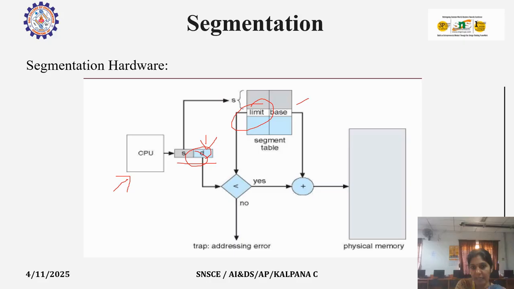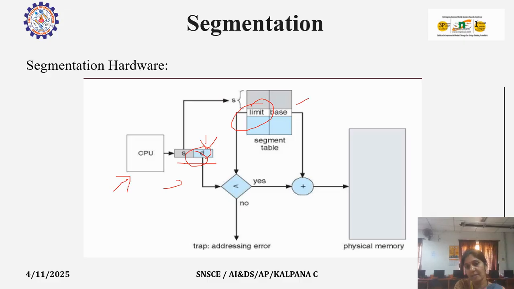For example, let's say the limit is 1000 and the offset d is 500. Both are compared. The offset 500 is less than the limit 1000, so we add the base address to the offset.